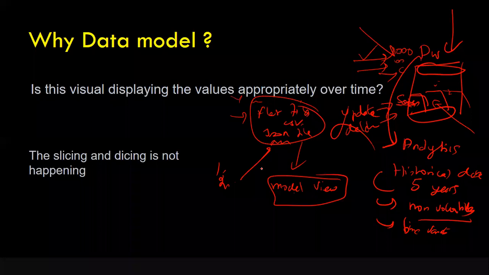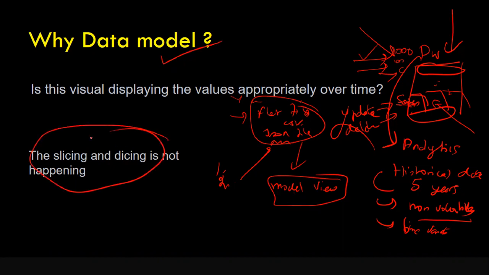But when it comes to Power BI, you have to have a data model in place. If you don't have it, you need to create one. Full stop. If you don't have the data model, the slicing and dicing will not happen. It will not perform the filtering automatically.